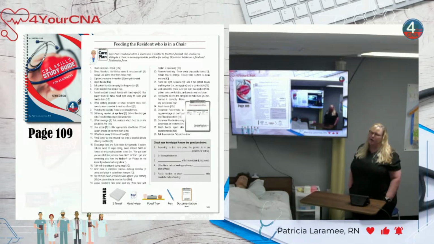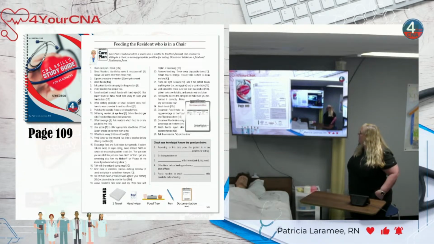I don't care what your eyes tell you, this patient is not in an appropriate position for eating. So for the exam, we have to tell them, can you please sit up straight? Our care plan said they're not appropriate, so we have to address it.